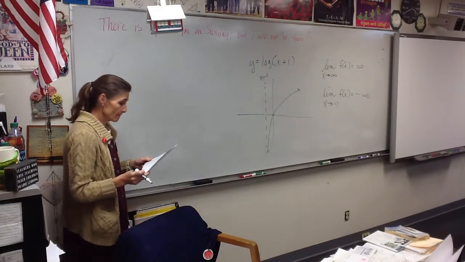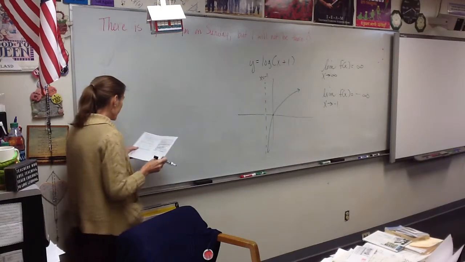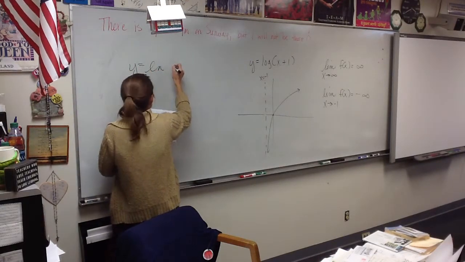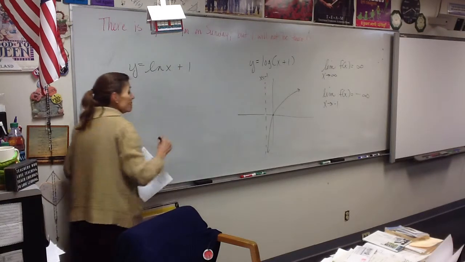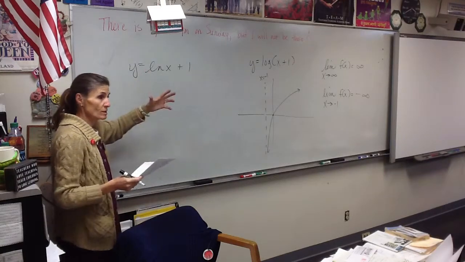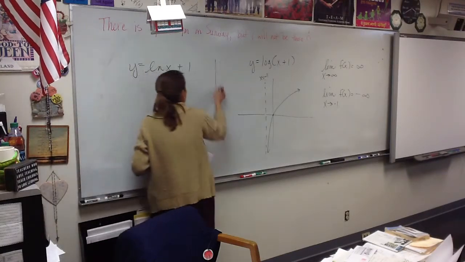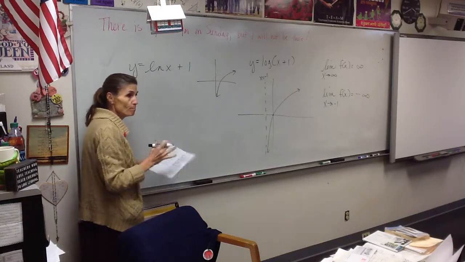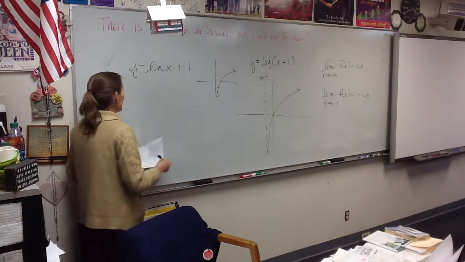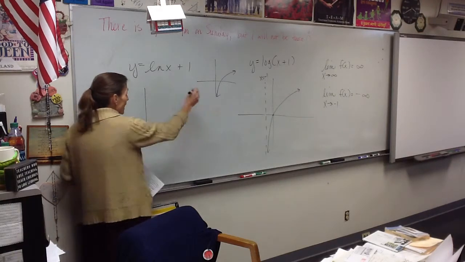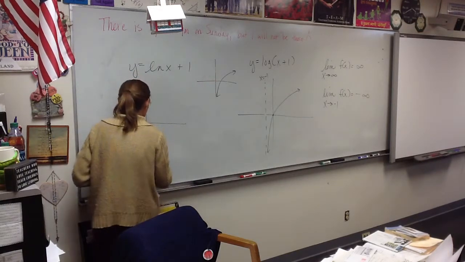Can we sketch 5E? Now remember, the base of the logarithm doesn't impact the general sketch of the picture. So ln(x), there it is. I mean, that's your basic picture. What have you done to it? You just took that picture and picked it up 1 unit.